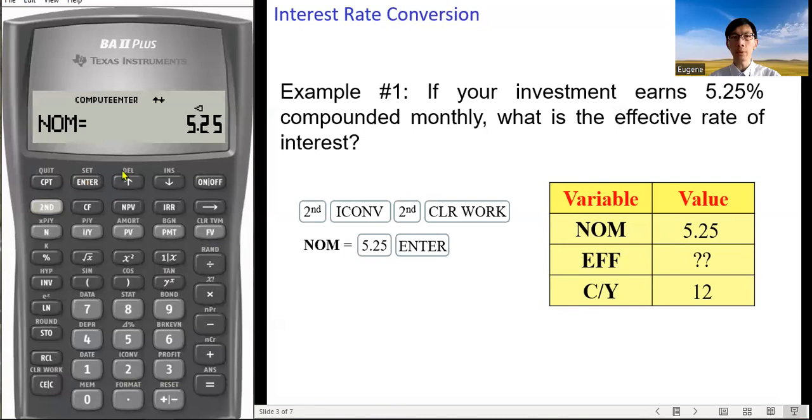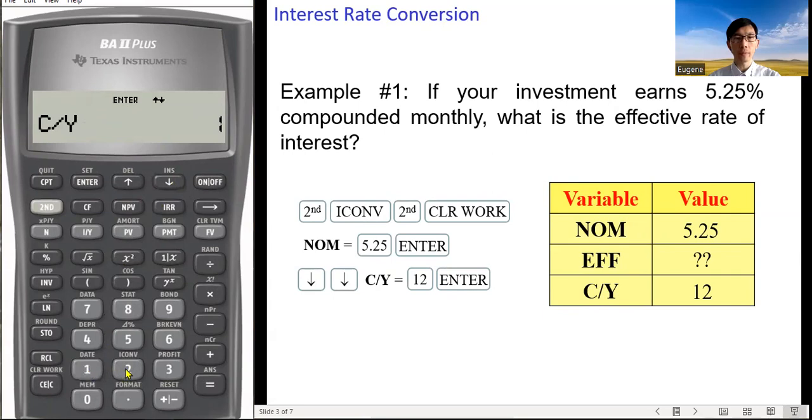Press the down arrow, and you get to the variable EFF. We need to compute it. So we press the down arrow a second time to enter the value for CY. So CY equals 12. Enter.